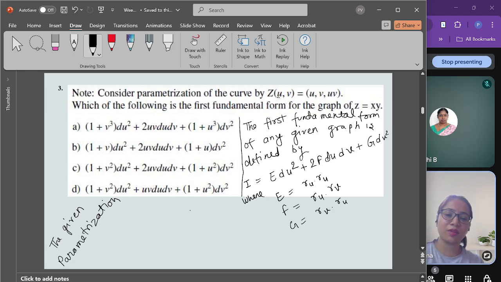In the lecture videos you have gone through this simple basic representation of the first fundamental form. Now you just have to extract the E, F, G values and put them into this equation. Can you try this question? Just find the first derivatives with respect to u and v, first find E, F, G, and put these values in. I'm also solving it.